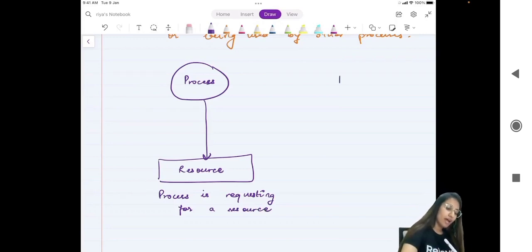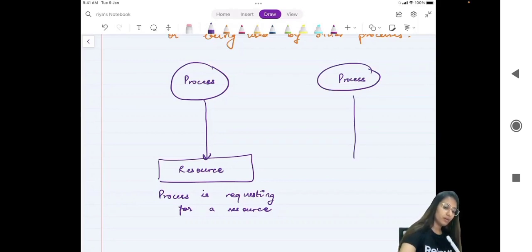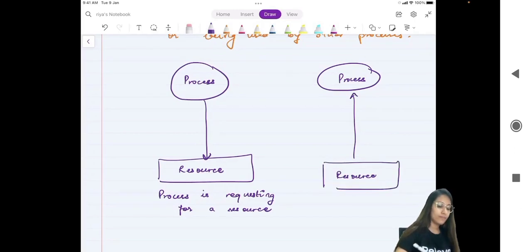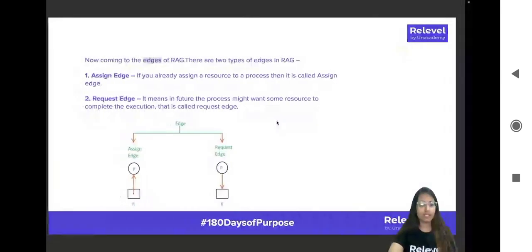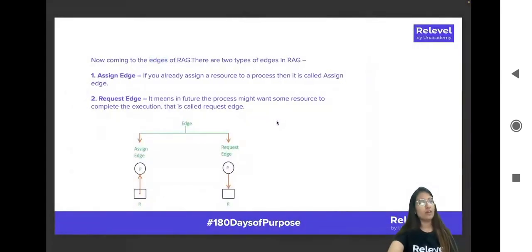Whereas if it's the other way, that means the resource has been assigned to the process. Those are the two types which are available.